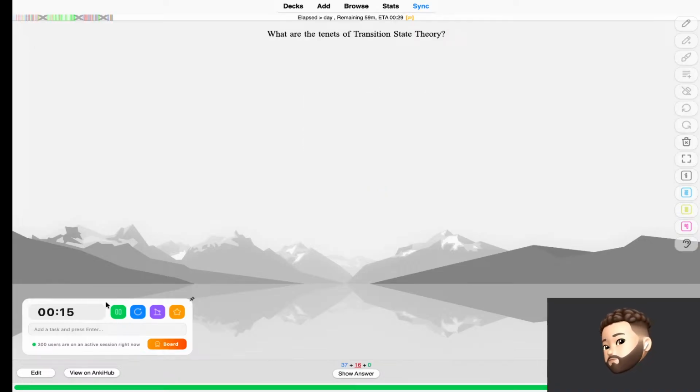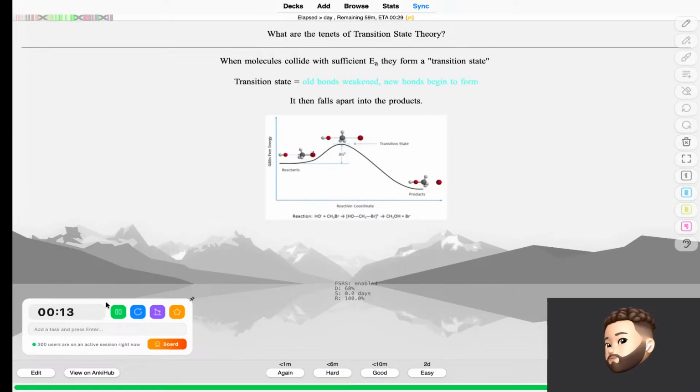What are the tenets of transition state theory? When molecules collide with sufficient energy.